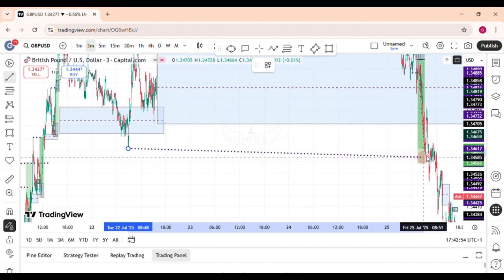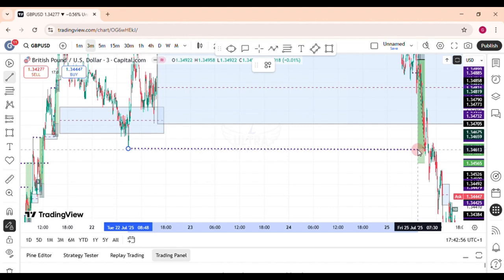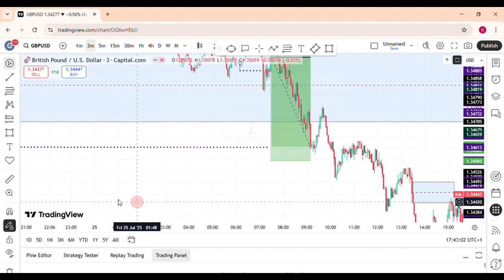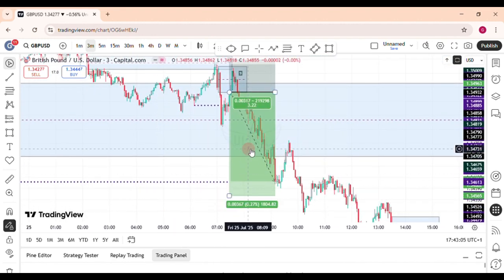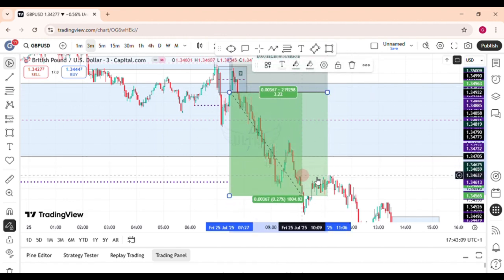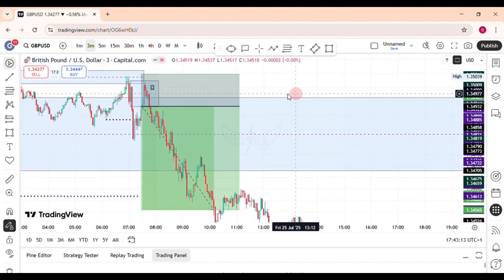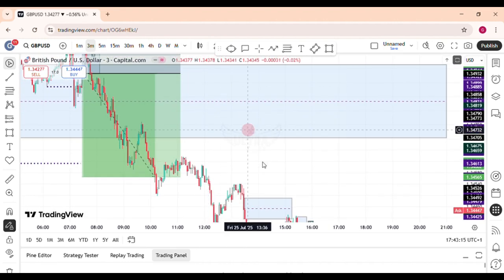So we have another low that we can use for a much higher risk to reward ratio. Looking at our ROI like this, we have a 3.22 risk to reward ratio as market starts to reach our TP. So this was our trade number 9 for last week.